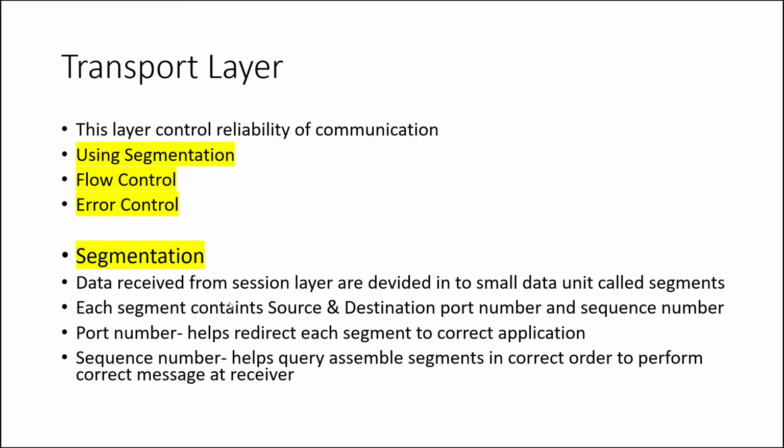As I mentioned earlier, the port number helps to redirect each segment to the correct application. So that's what segmentation means: the data received from the session layer is divided into small units, and these segments include a port number and also a sequence number.